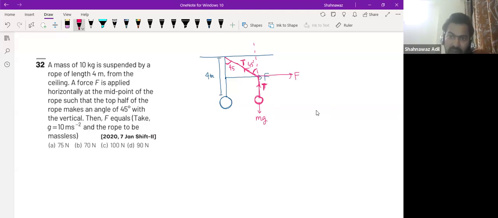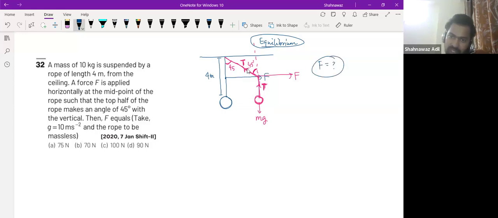Now, what is balancing this force? We have two components of tension. Please solve this and tell me what answer you are getting. You have to find out what this F is. Remember, this is equilibrium, so nothing is moving.